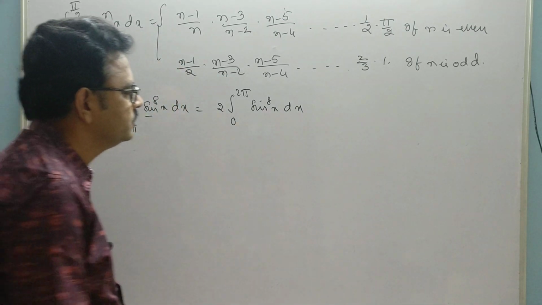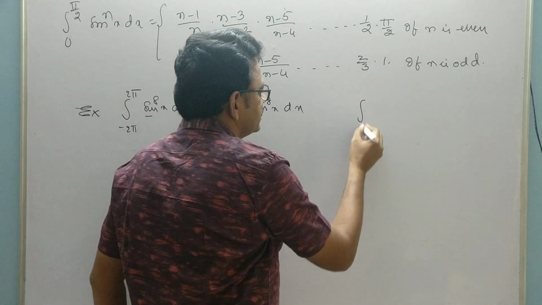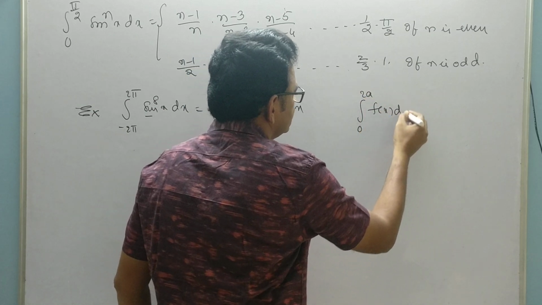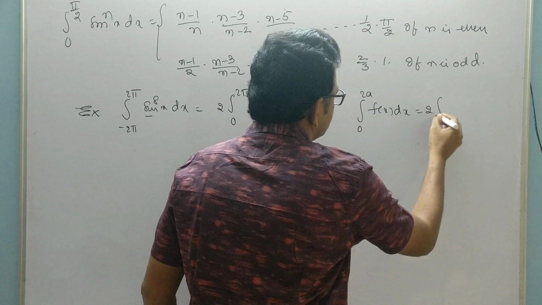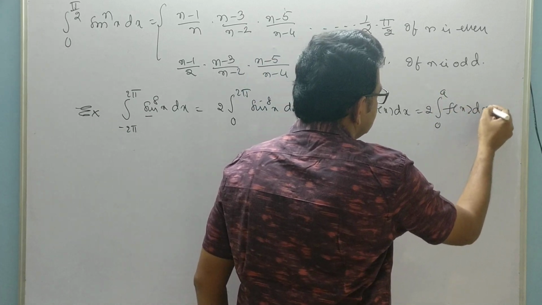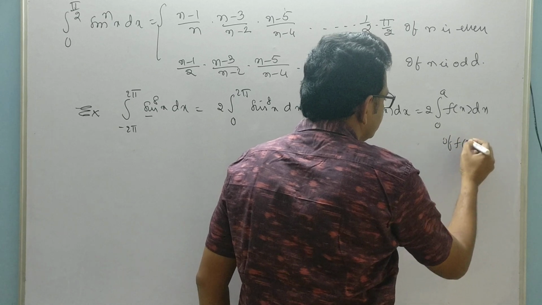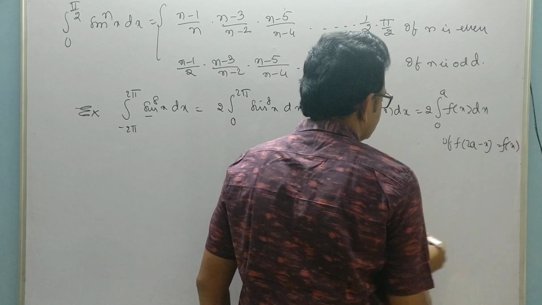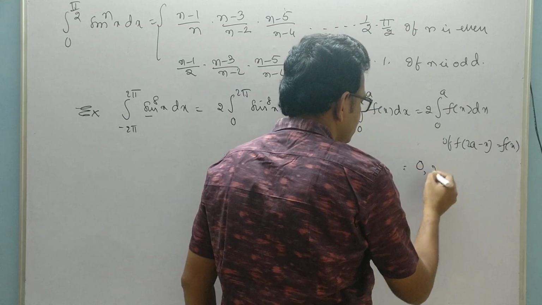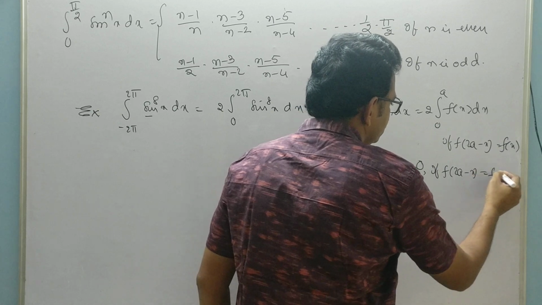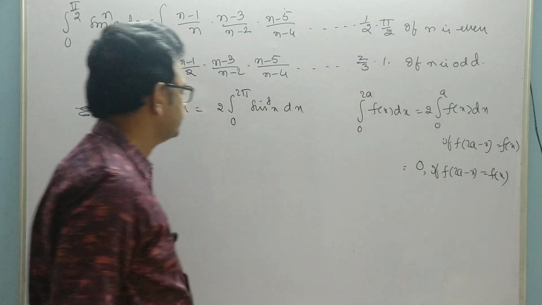And using the properties, what is the property? Integral 0 to 2a of f of x dx is equal to 2 times integral 0 to a of f of x dx if f of 2a minus x is equal to f of x, otherwise 0 if f of 2a minus x is equal to minus f of x.